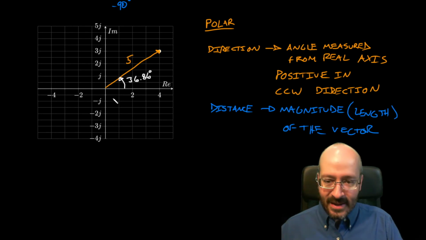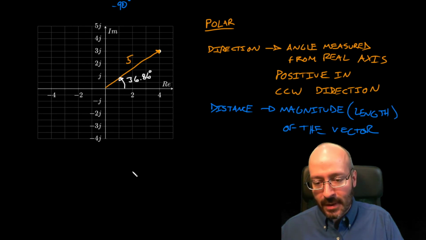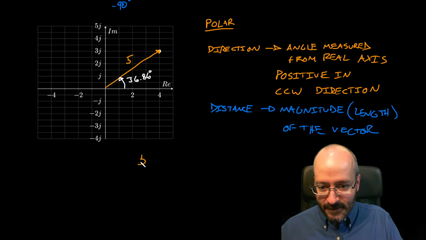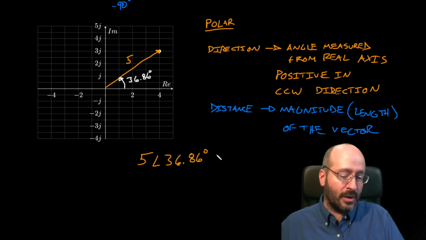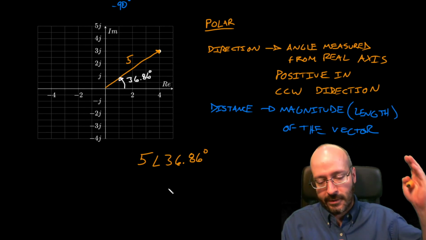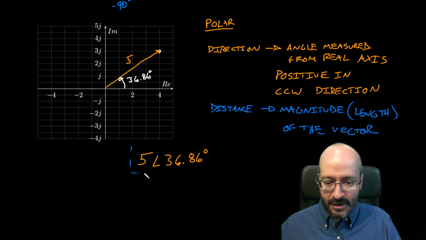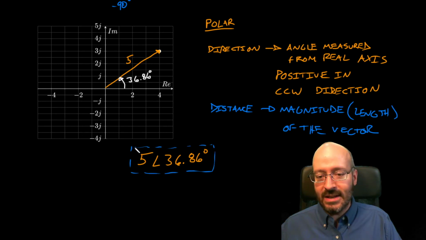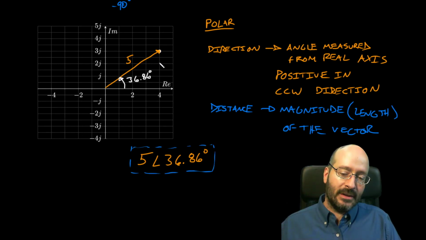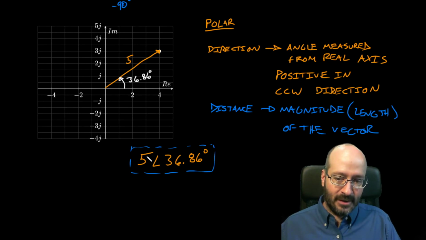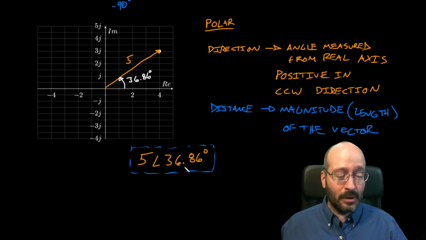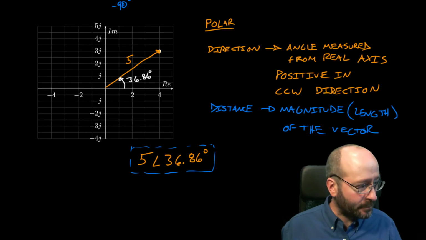Okay, so I can take that point and represent it as 5 at an angle of 36.86 degrees. Maybe it's a voltage, so we could throw a unit on there. It's volts. If it was a current, it could be amps, whatever you need it to be. But that's what we're after. So we can uniquely identify a point in space using the distance from the origin and the angle. That's polar representation. That's the first one.